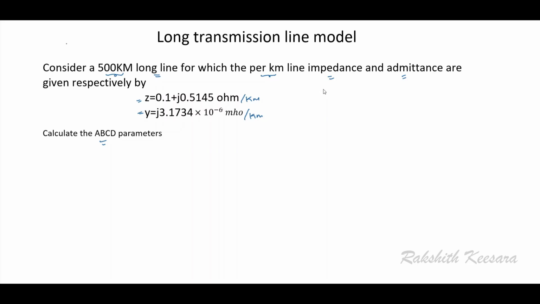We know that ABCD parameters are cosh γL, Zc sinh γL, sinh γL by Zc and cosh γL, right? So to calculate these parameters, we need to know gamma and Zc. So first let's calculate them. Gamma is nothing but our propagation constant.